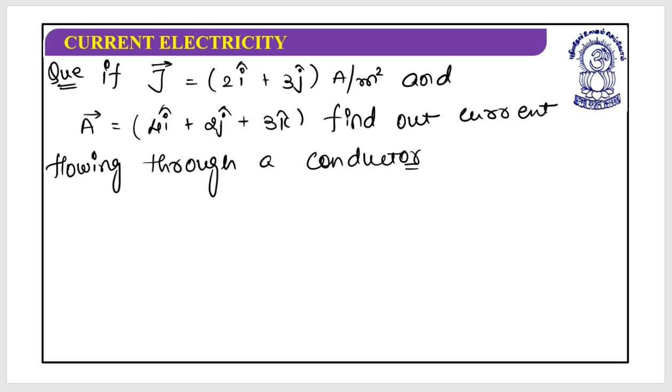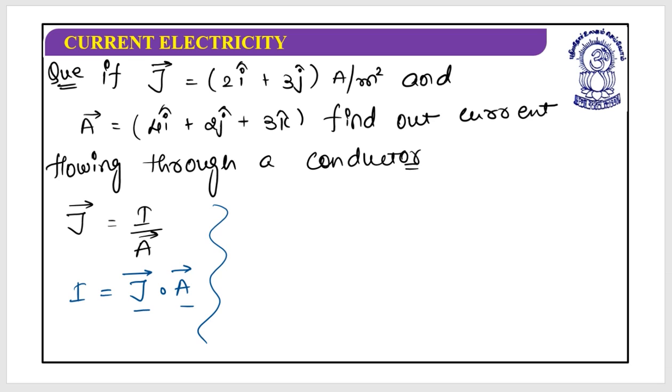So what I know is that J equals I divided by A. According to this, I equals J dot A. So I need to perform the dot product of these two quantities.